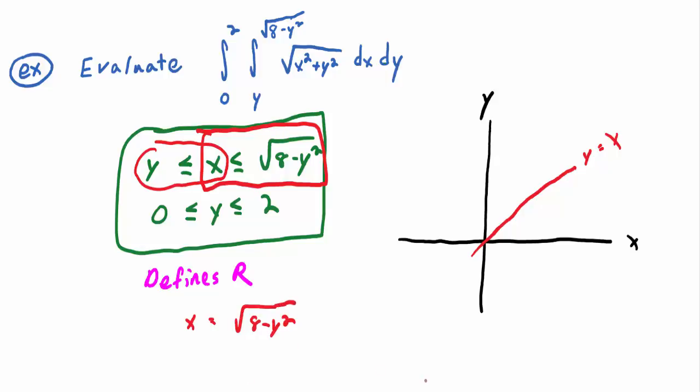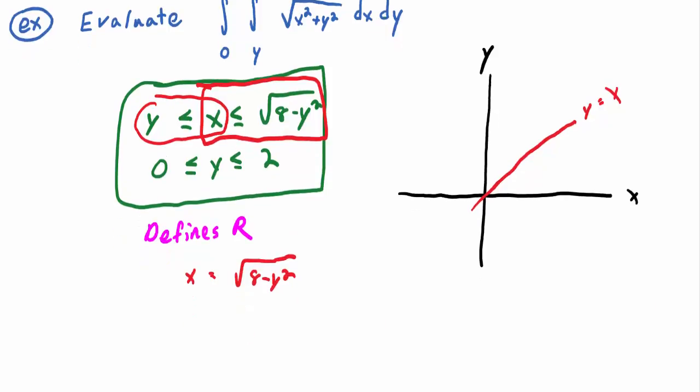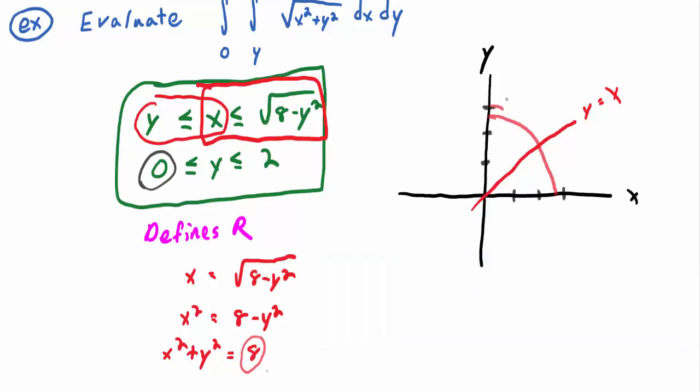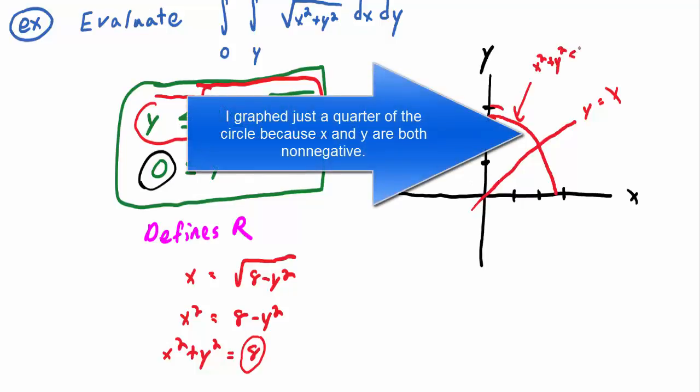It's more recognizable if you square both sides. Get x squared equals 8 minus y squared. Add y squared to both sides: x squared plus y squared equals 8. Oh, okay, what is that? It's a circle of radius root 8. That's part of the circle right there.